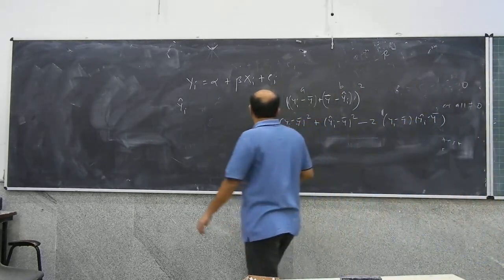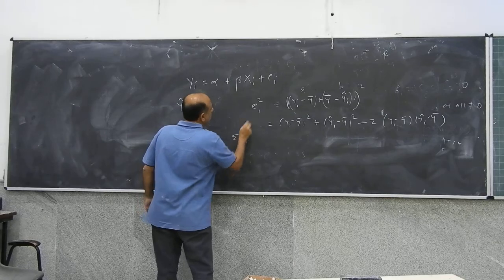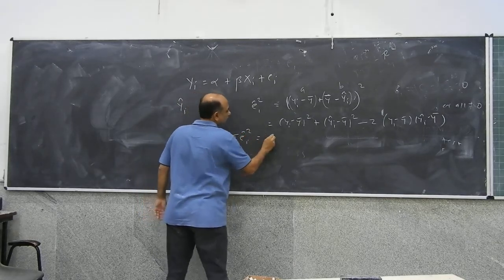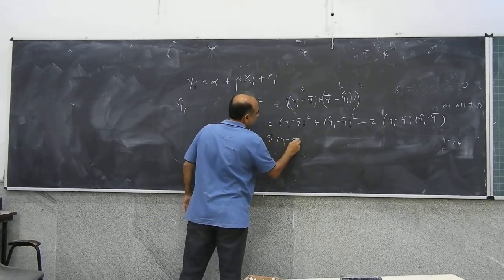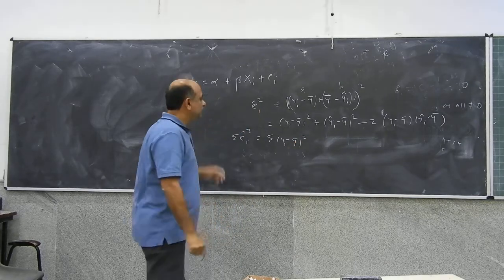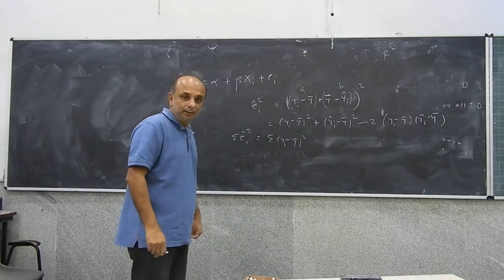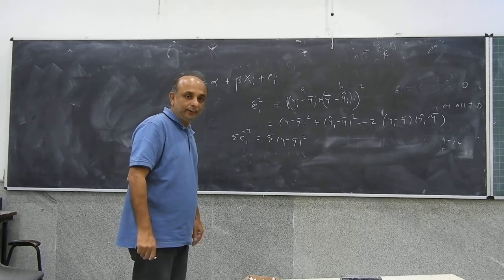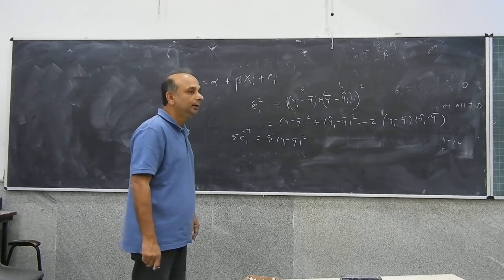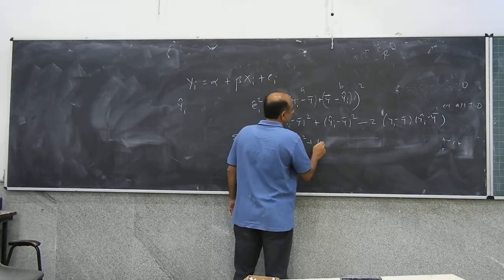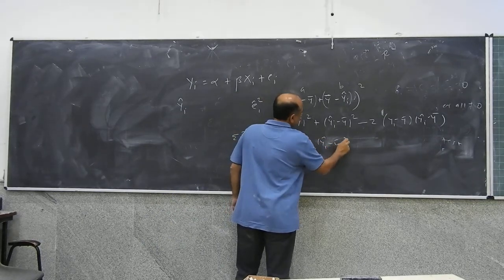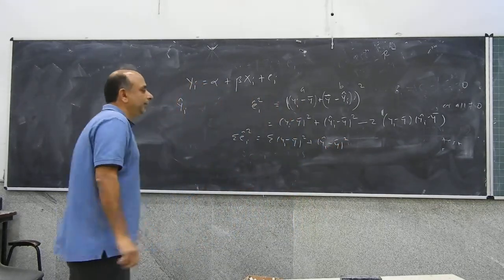Now if I sum this up, what do I get? Summation yi minus y bar square, plus summation y hat i minus y bar square.